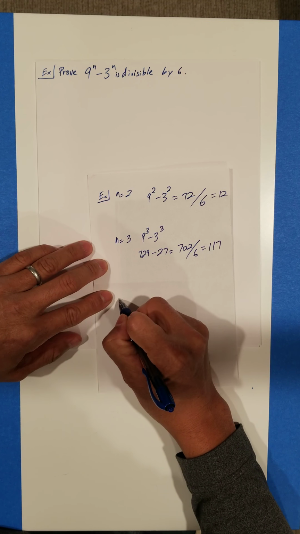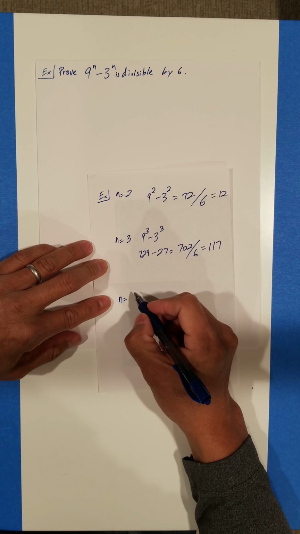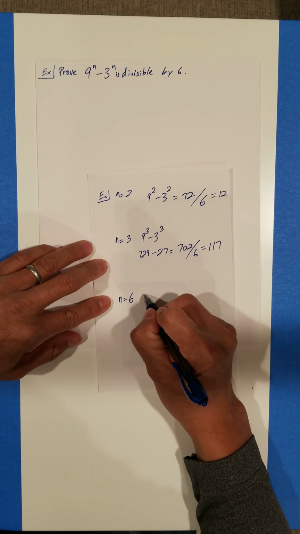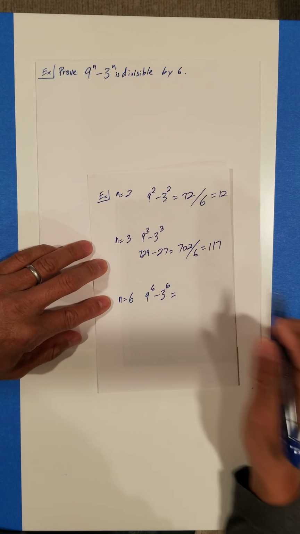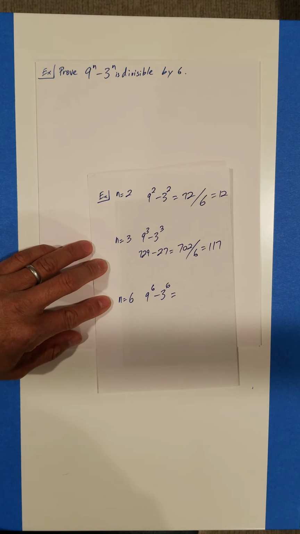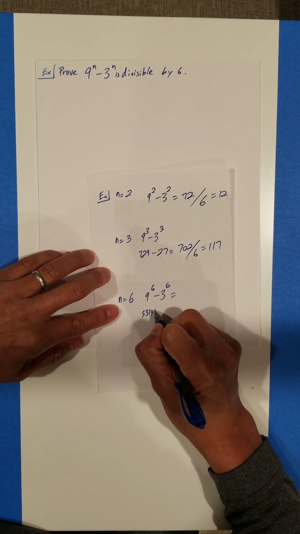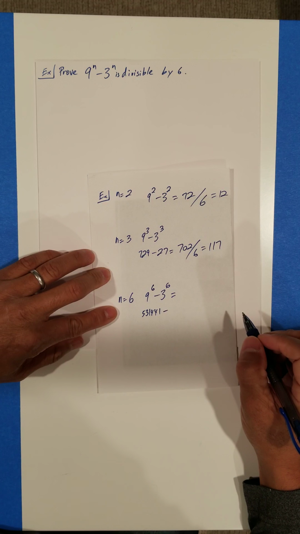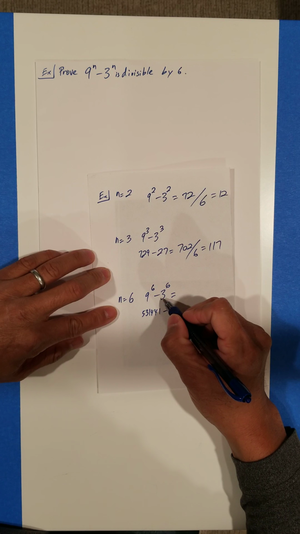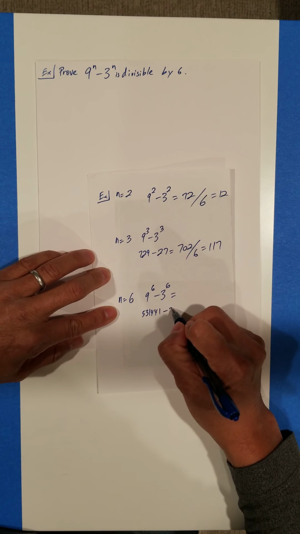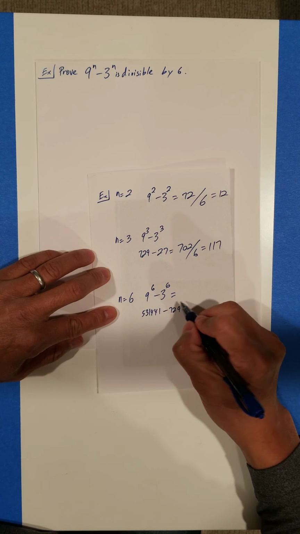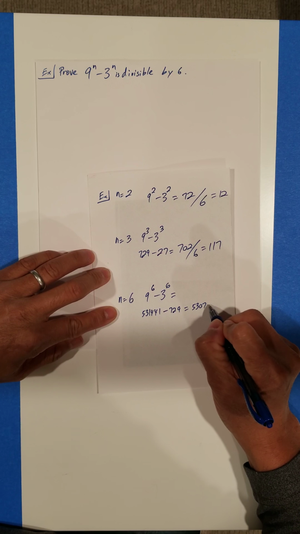Even if I pick a random, higher power, like 6. 9 to the 6th power minus 3 to the 6th power. 9 to the 6th power is a really big number, 531,441, minus 3 to the 6th, which is 729. That gives you 530,712.